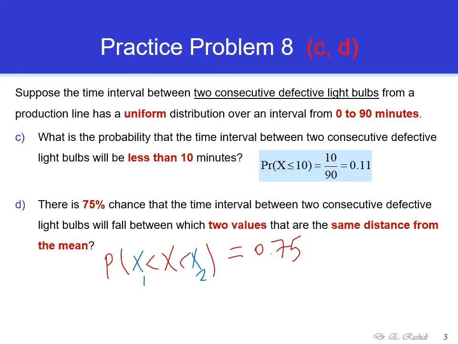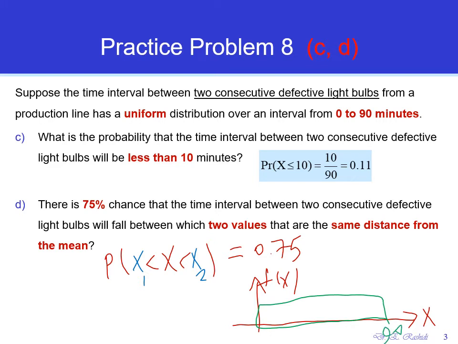To solve this, I'm going to plot our distribution, the rectangle here. This is 90 here, 0 is here, and the height is 1 over 90.